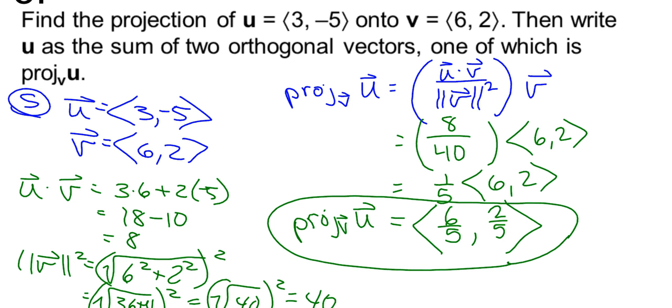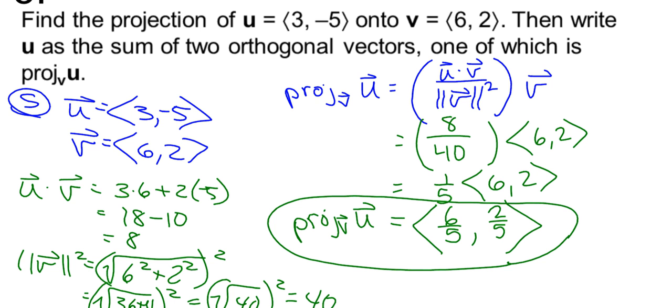And then it says, then write u as the sum of two orthogonal vectors. So remember, orthogonal vectors are what? Perpendicular to each other, and their dot product is 0, and one of which is the projection of u onto v.